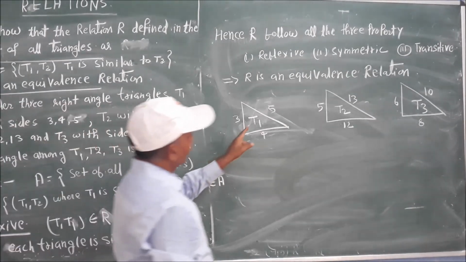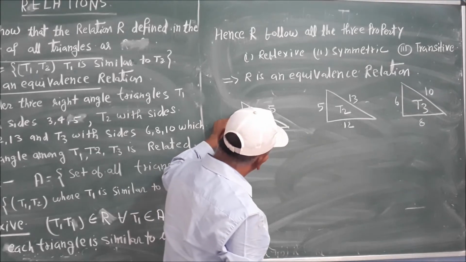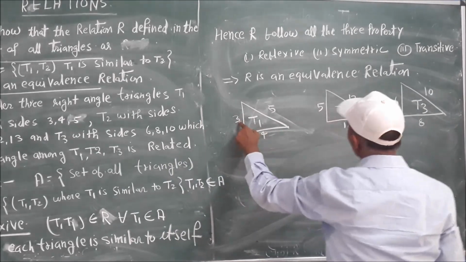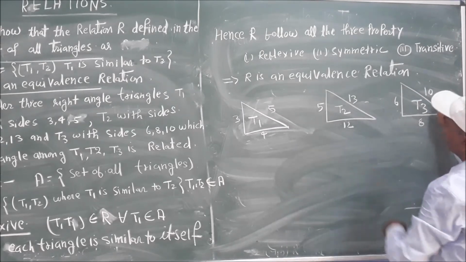So watch here. See T1 and T3. Each side of T1, when multiplied by 2, gives T3. 3 into 2, you will get 6. 4 into 2, you will get 8. 5 into 2, you will get 10.